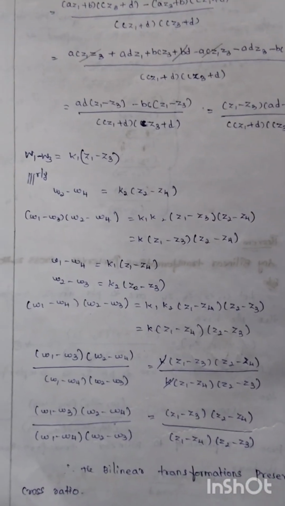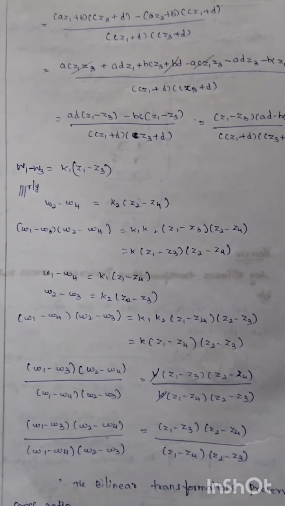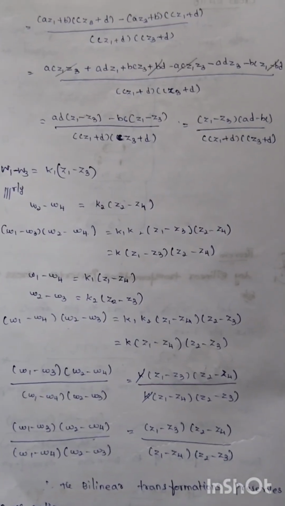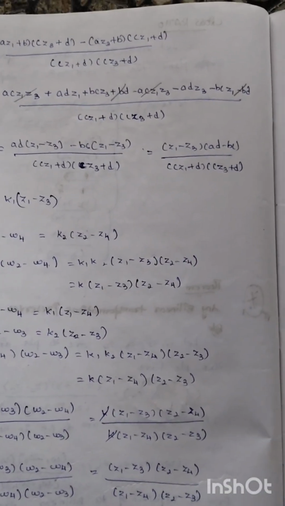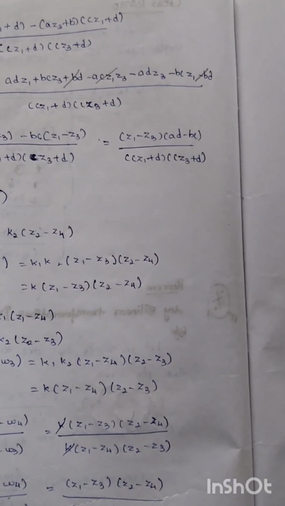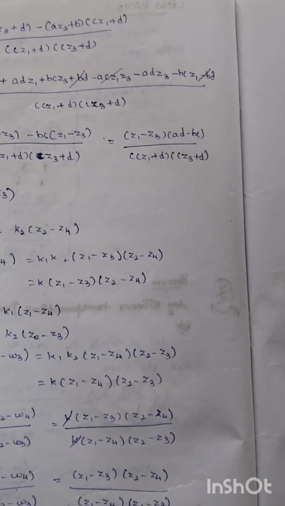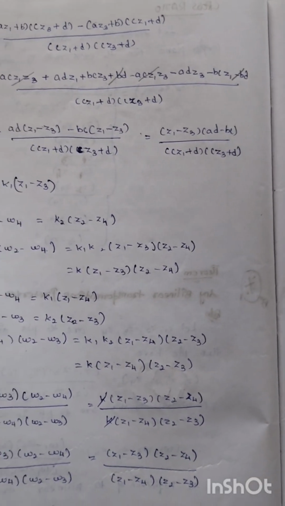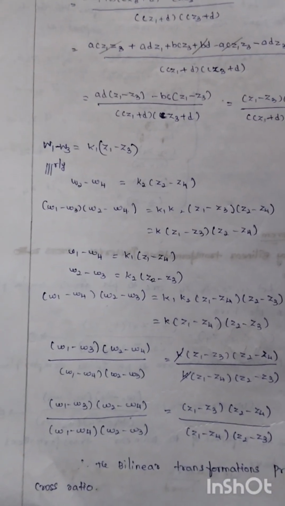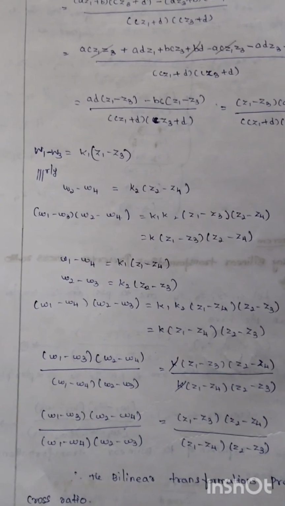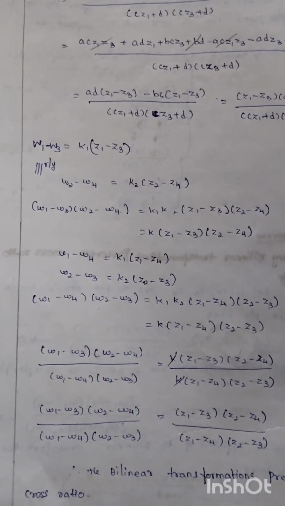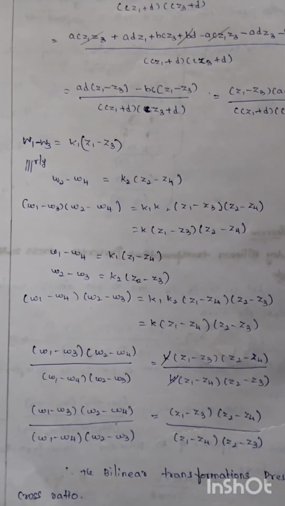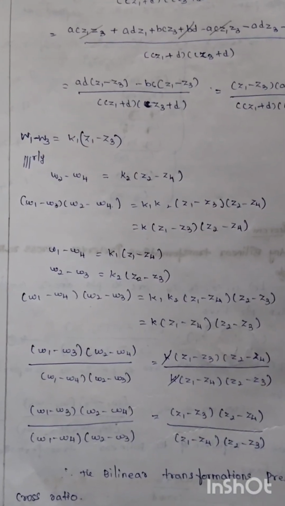So w1 minus w3 is equal to K1 into (z1 minus z3), where K1 is equal to (ad minus bc) divided by (c z1 plus d) into (c z3 plus d). Similarly, w2 minus w4 is equal to K2 into (z2 minus z4).